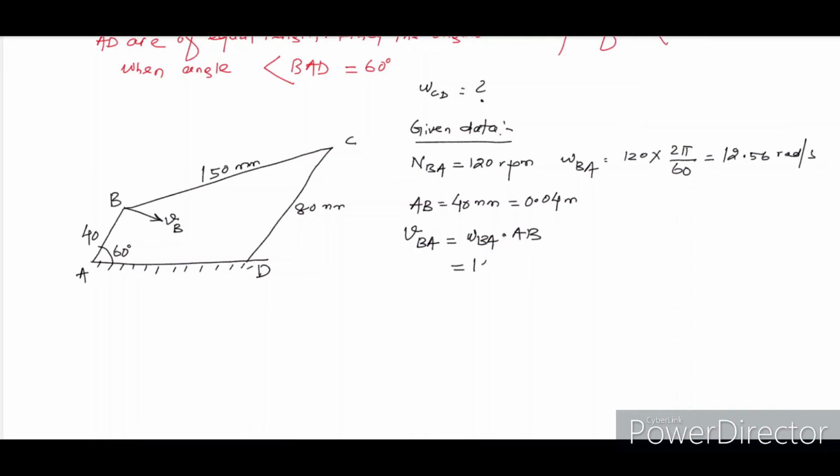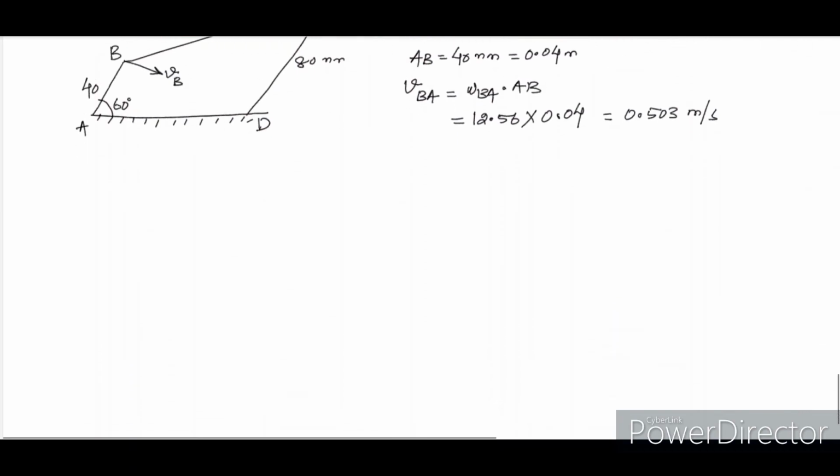So omega BA is 12.56 radian per second, AB is 0.04 meter. So it is 0.503 meter per second. Okay, so we got VBA. Now we'll draw the velocity diagram.